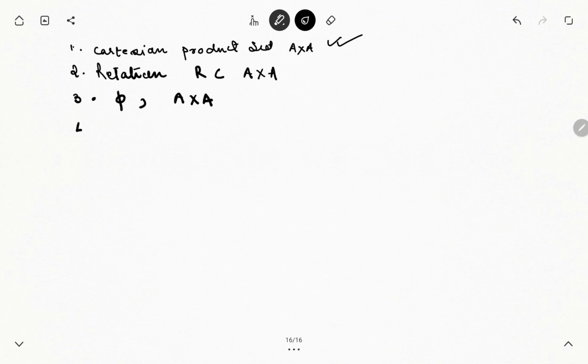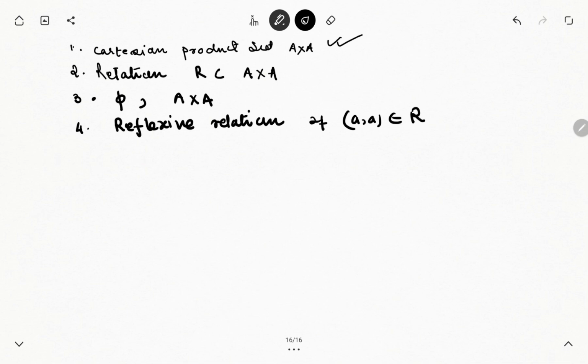Now, next we are going to take the reflexive relation. A relation R is called a reflexive relation if (a, a) belongs to R. Keep in mind that this R is not the set of real numbers.